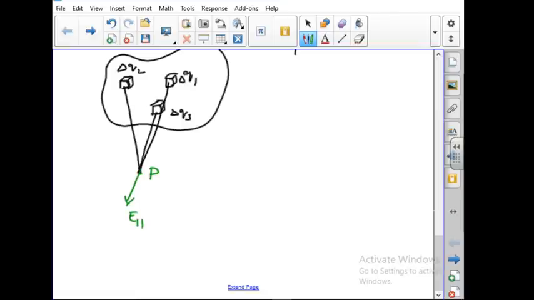It is taken as E1P vector. This is a charge element, so it is delta E1P vector.